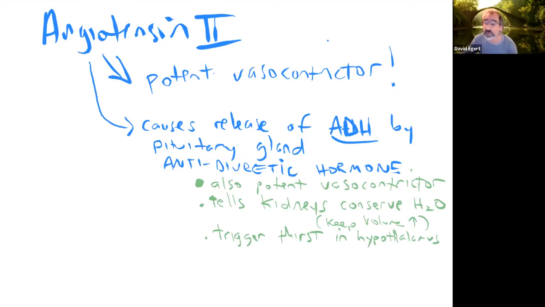And that's going to also help increase my blood volume by taking more water into my body. So both of these things, having the kidneys conserve water and being thirsty so you want to put more water in your body, are going to be long-term control of blood pressure by increasing blood volume.